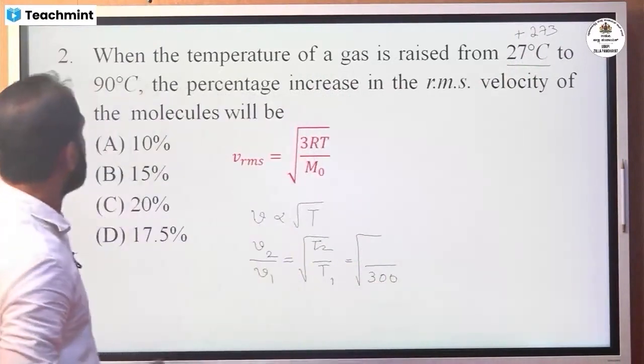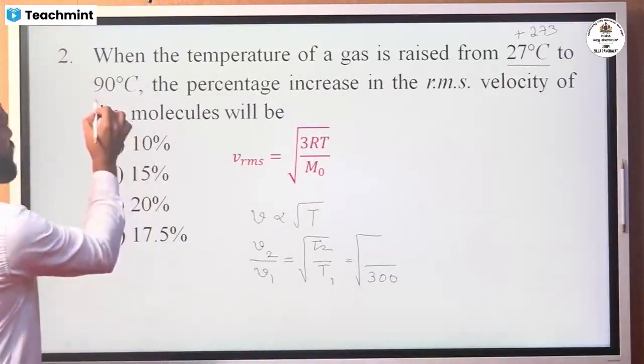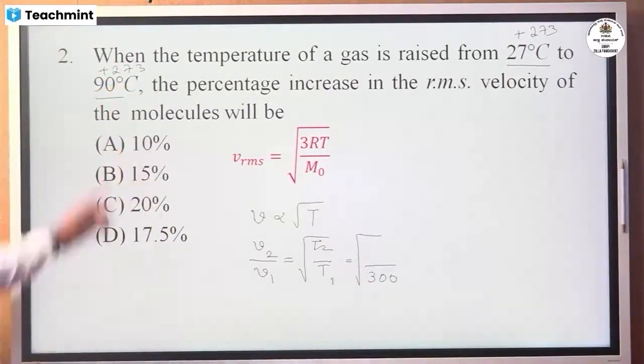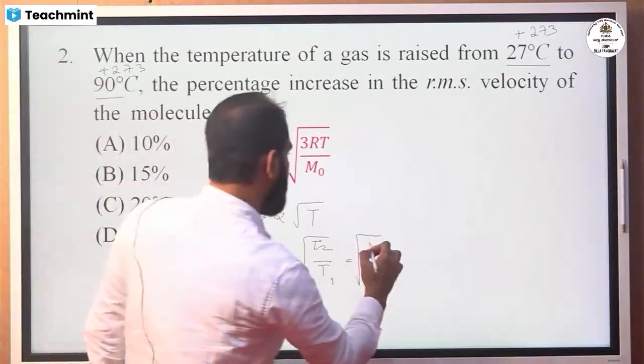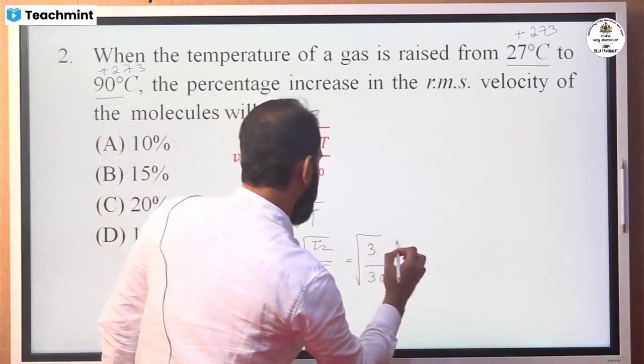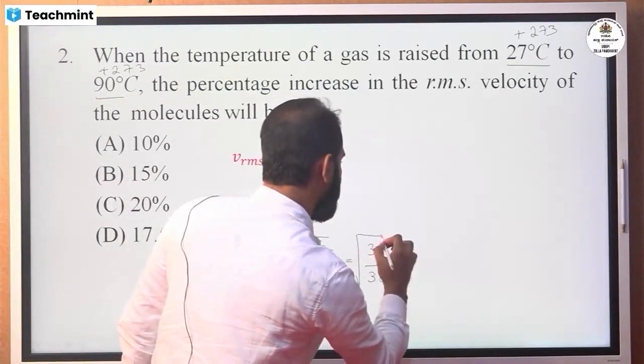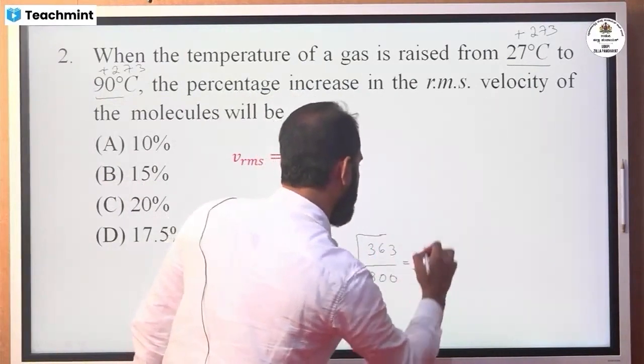Similarly, the final temperature is given as 90 degrees Celsius, so we add 273 to this, and it becomes 363. This comes under the root.